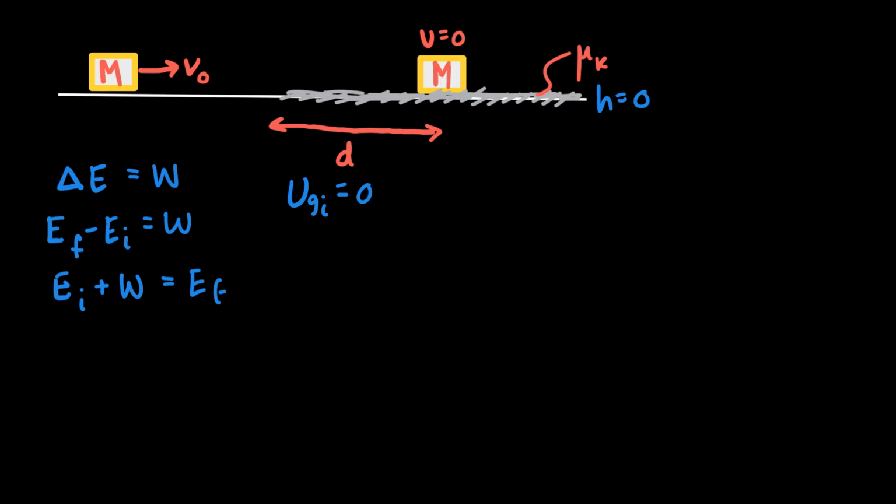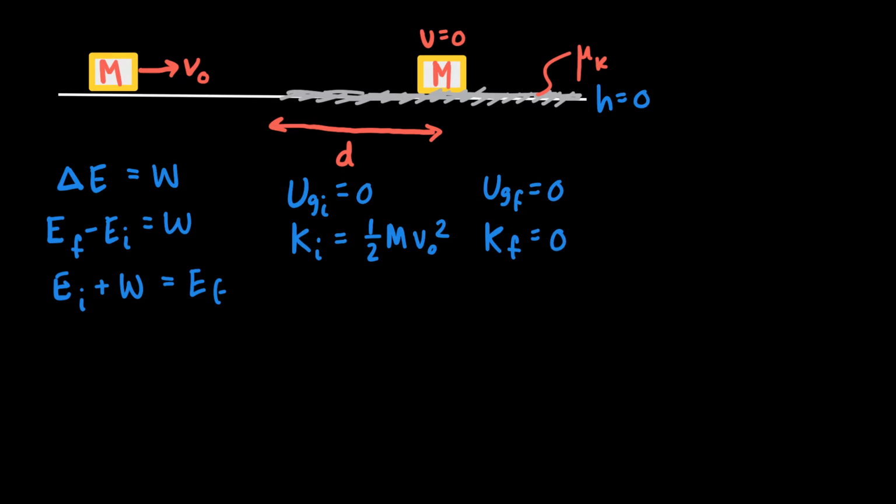The kinetic energy of the box, Ki, is equal to 1/2 times the mass of the box times its initial velocity squared. And for the final energy, the gravitational potential energy is still 0 because it's at the same height, and the final kinetic energy is also 0. So K final is also equal to 0.